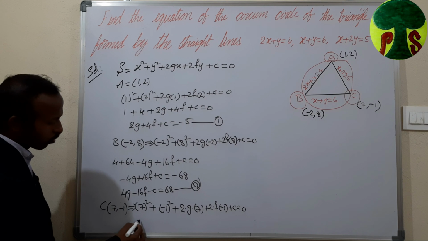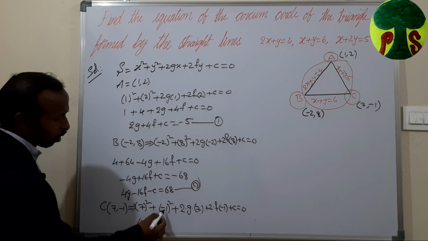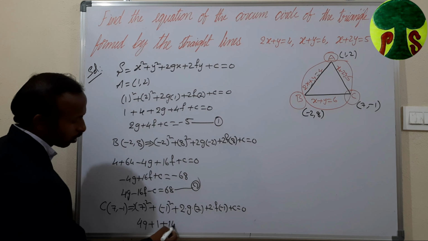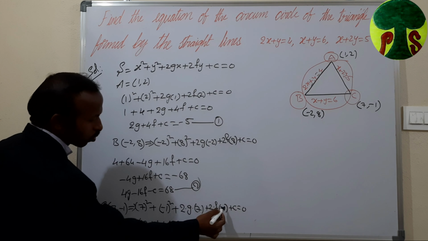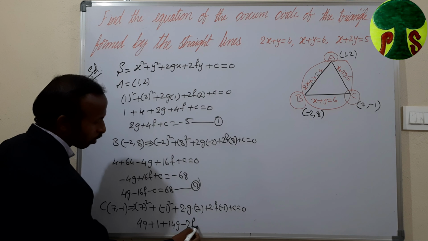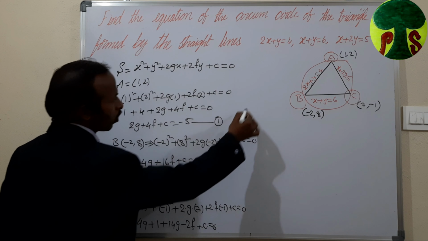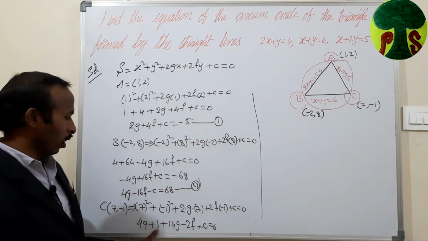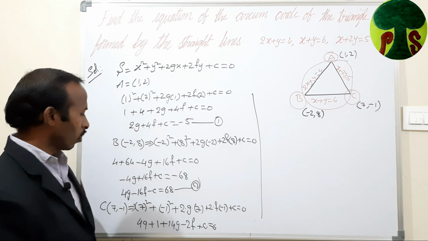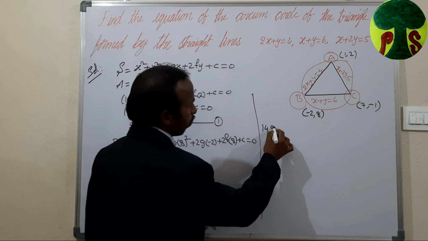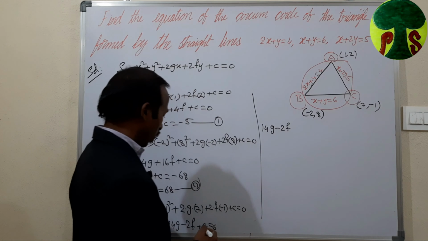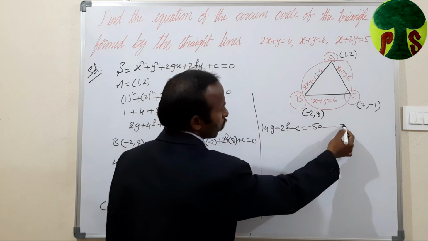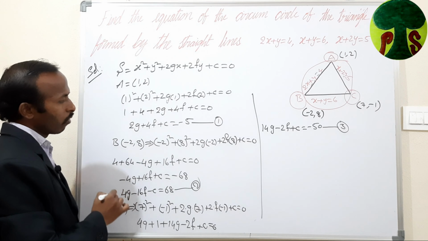Here 7 square is 49 plus minus 1 square is 1 plus 7 twos 14g minus 2 ones 2f plus c equal to 0. Next, 49 plus 1 is 50. So 50 I am taking to the right hand side. That is 14g minus 2f plus c equal to minus 50. This is equation 3.